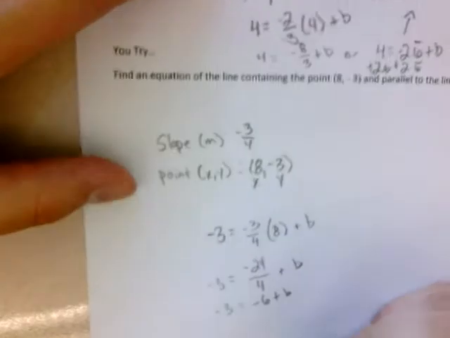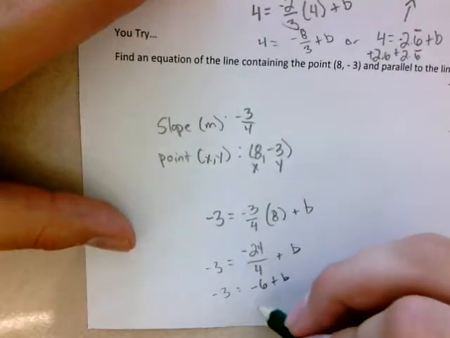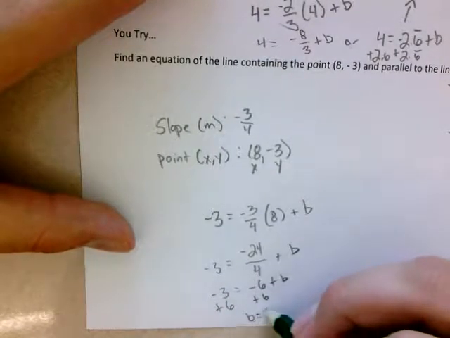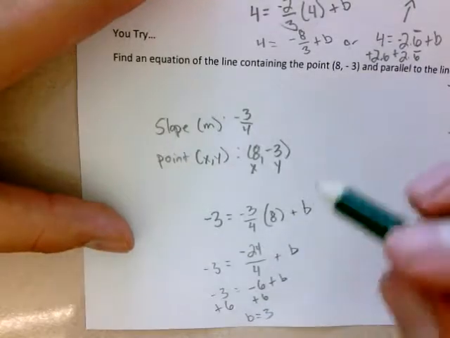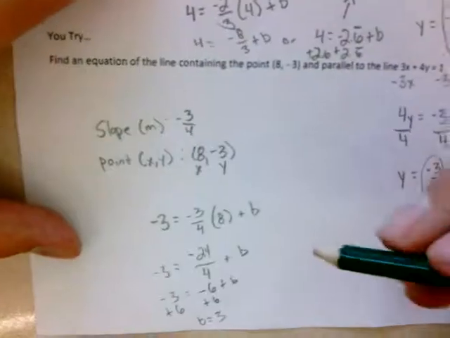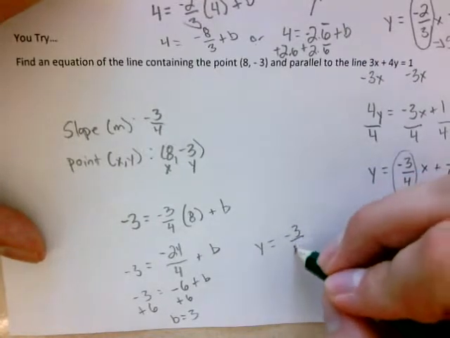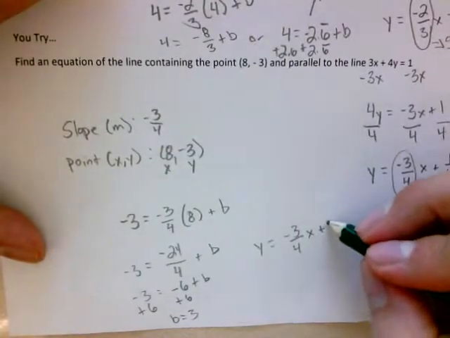The only way to get rid of this negative 6 is to add 6 to both sides. B equals 3. So we've got our slope is negative 3/4, so we get y equals negative 3/4 x plus 3.